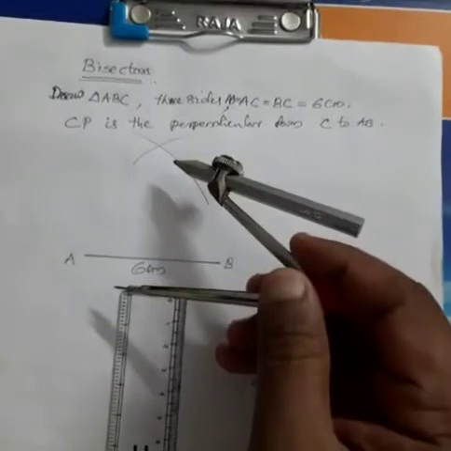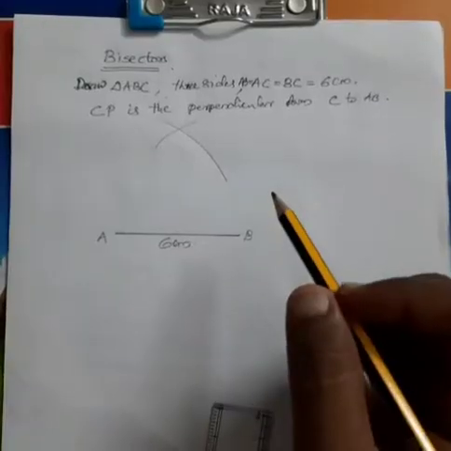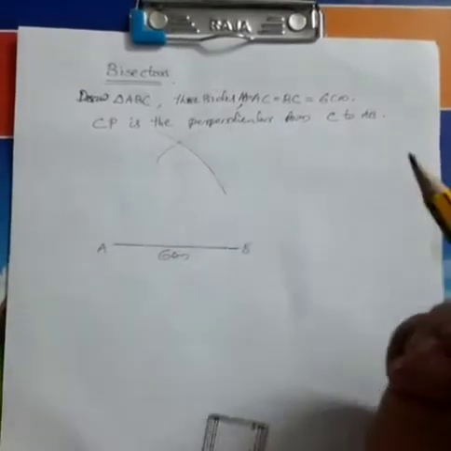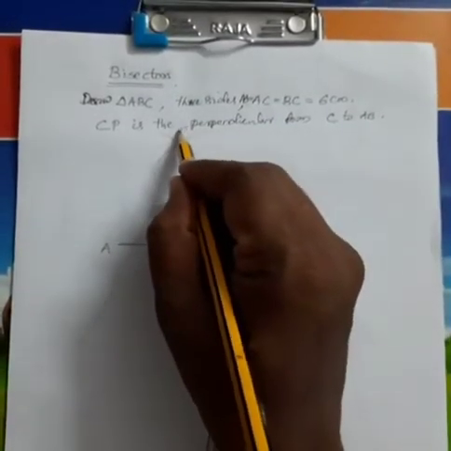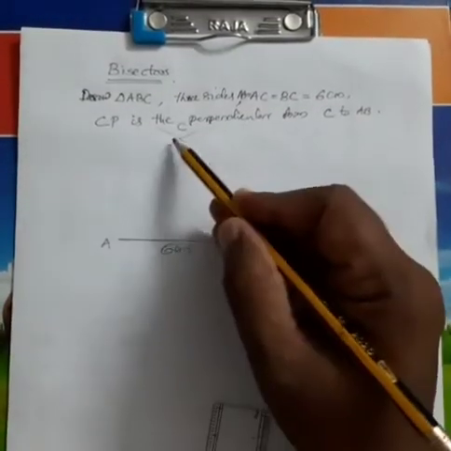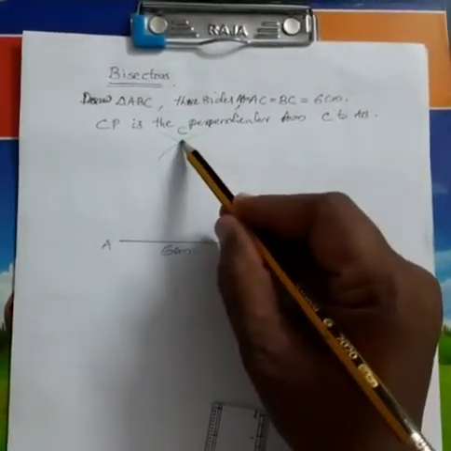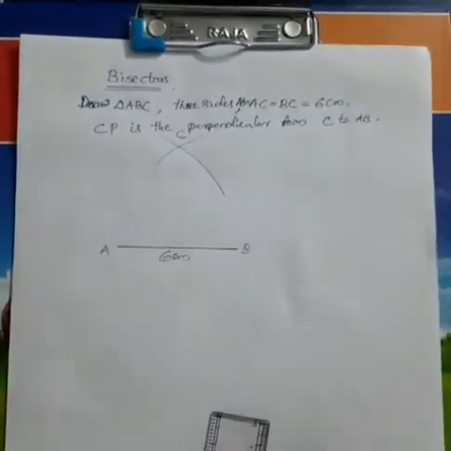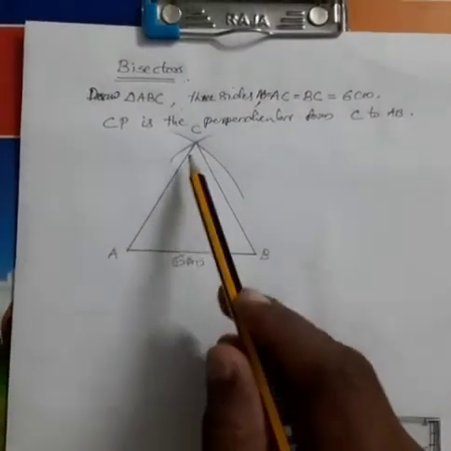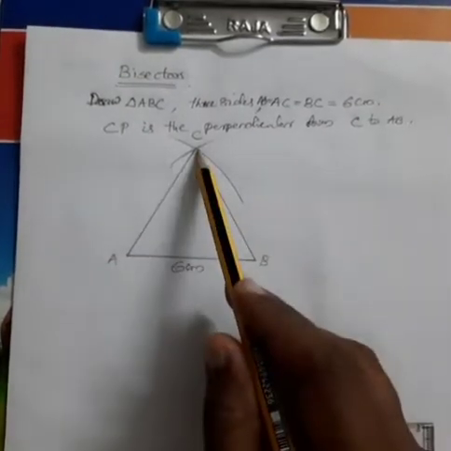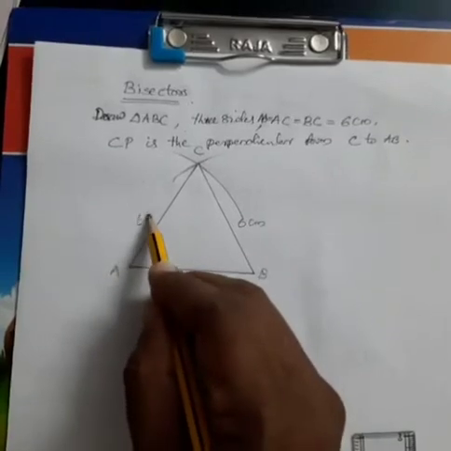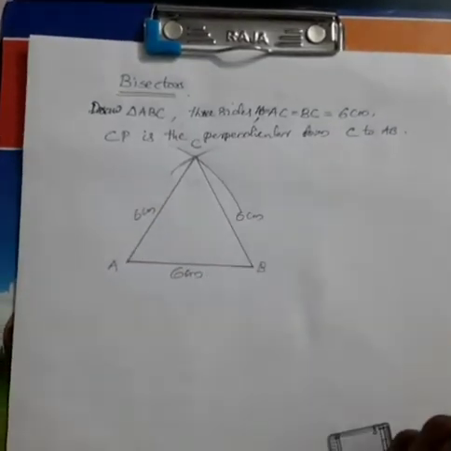So after drawing you got two arcs that will be joined at this point, and that point is C. Then you have to join AC and BC. So after joining you got triangle ABC. This side is 6 cm and this side is also 6 cm.